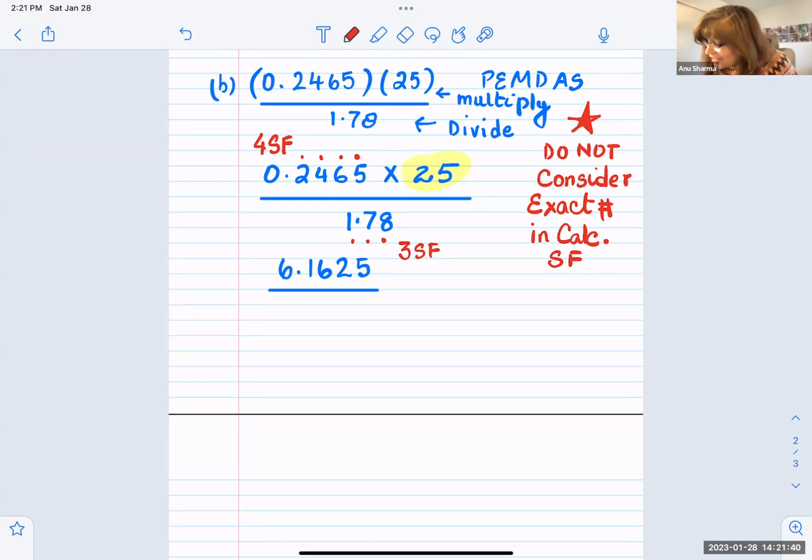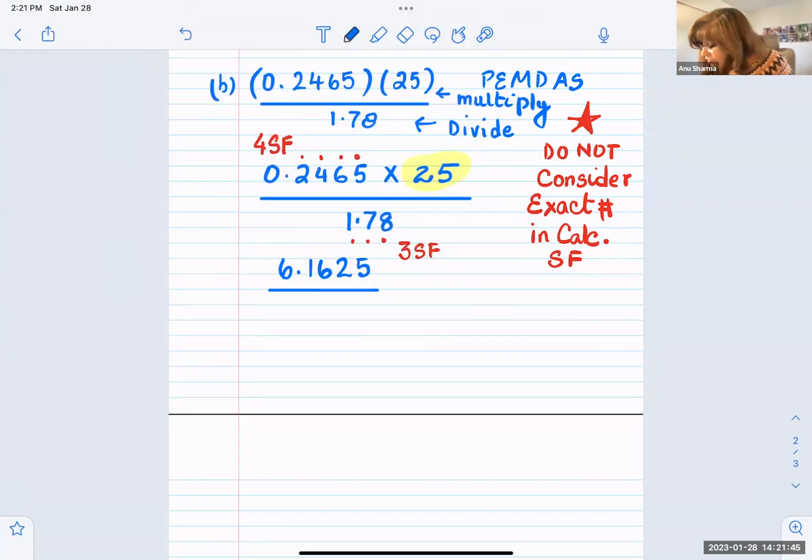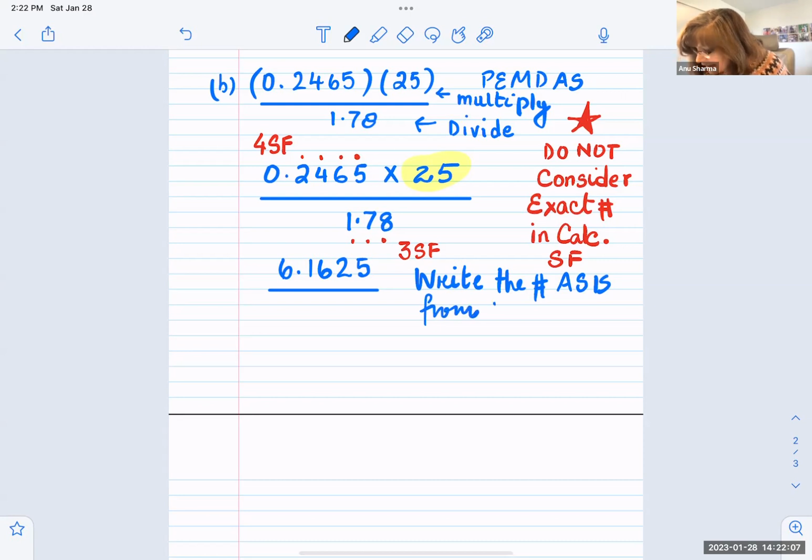Okay, so we are going to look at the 3 significant figures here first, and then we will look at the 2 also. Now there's another thing. When I did this calculation in the calculator, 0.2465 multiplied by 25, I get this number on the calculator. Write down the number as it is, as you see from the calculator.